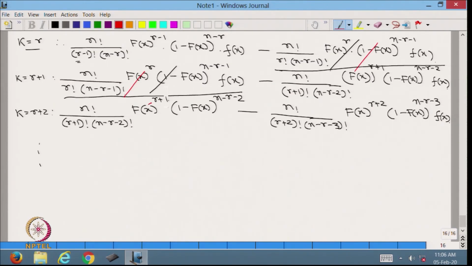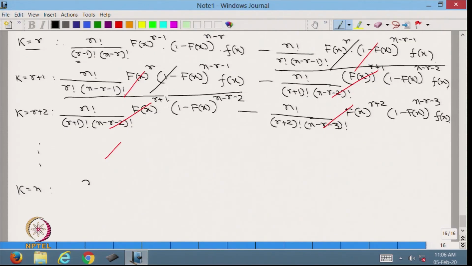In a similar way, this cancels with this, therefore this is going to cancel with this. Therefore, at the end of the day, what will we have? So, let us calculate for k is equal to n.